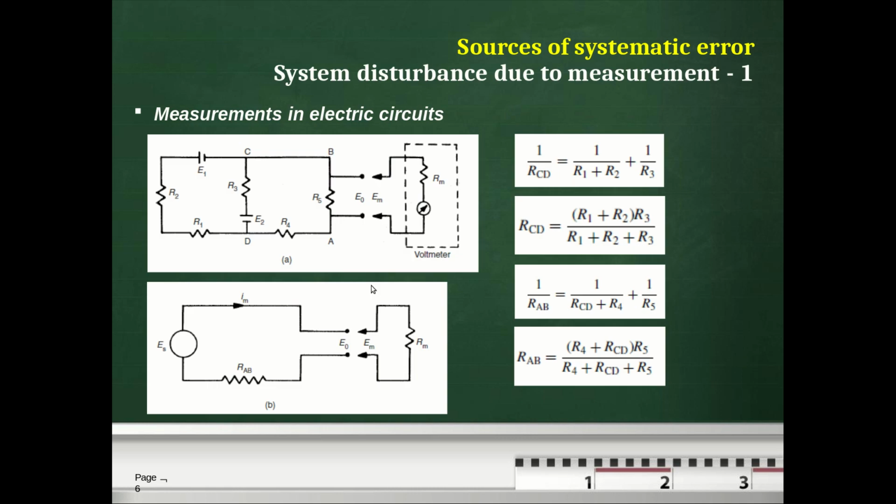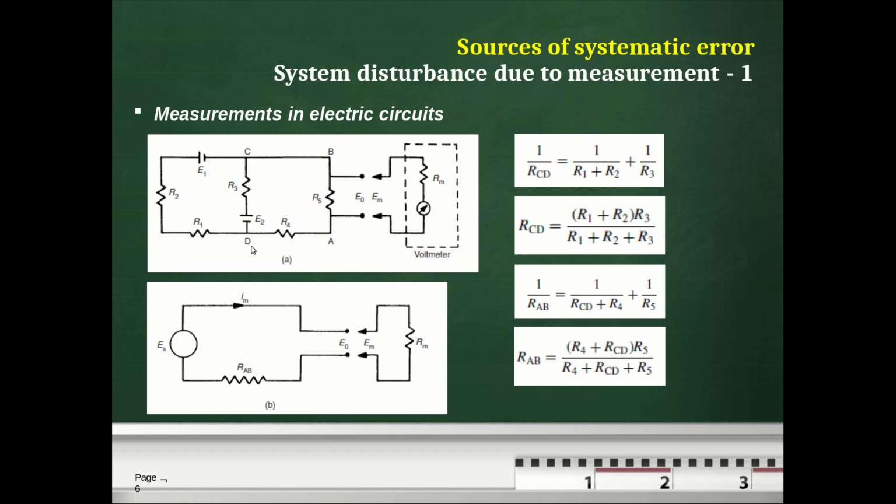So for example, let's see this electric circuit, and we want to measure the resistance here. For example, here we have to read all this resistance in this circuit. Here R2 and R1 are in series, however they are parallel with R3, so this is R parallel between C and D, RCD.